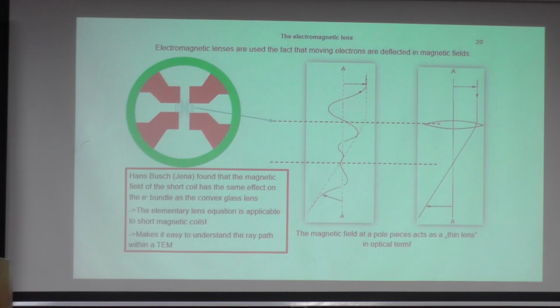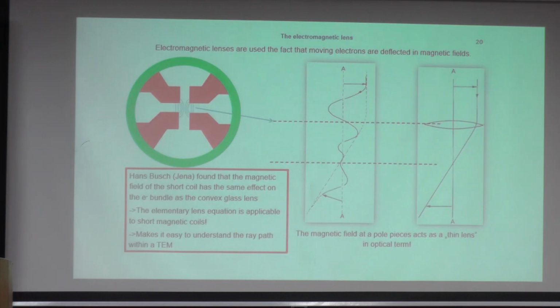One is that these pole pieces strengthen your magnetic field. You know that electrons in magnetic fields are deflected, and they make a circular rotation in the field.